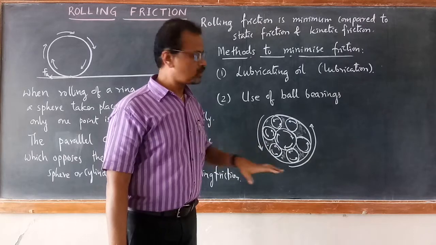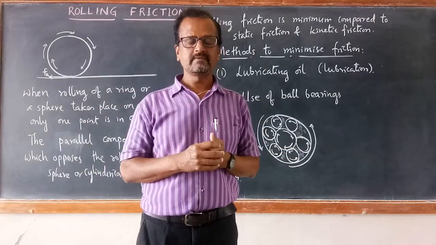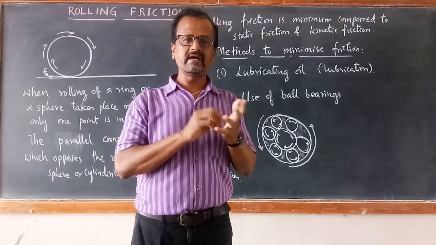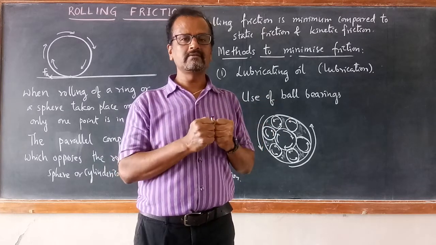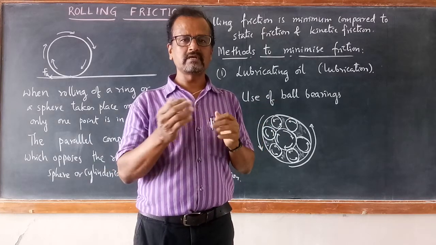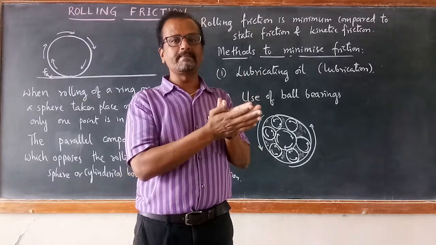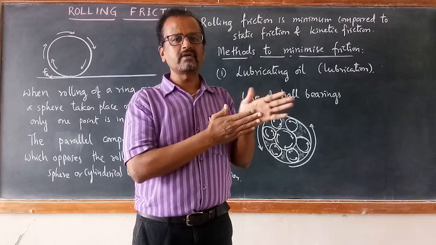So we know that friction leads to a lot of losses, but friction is also necessary for riding, for walking, for driving our vehicles. The road surfaces and the tire surfaces which are in contact should have a proper grip. There should be a proper force of opposition for the rolling bodies.